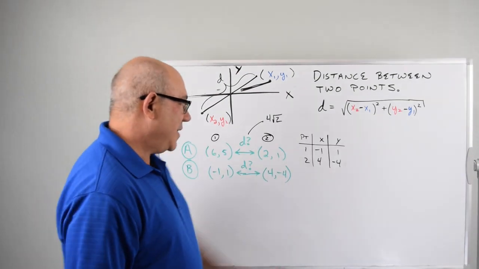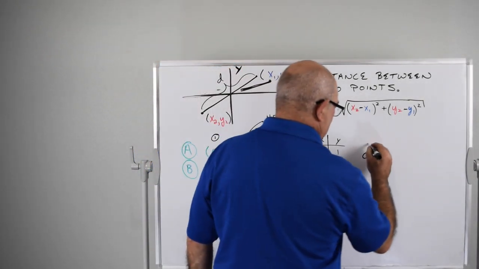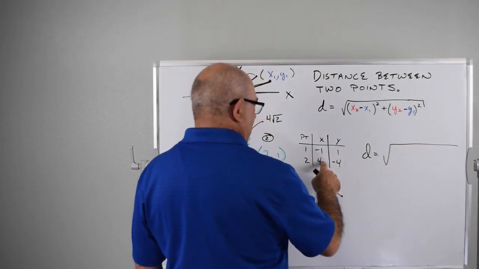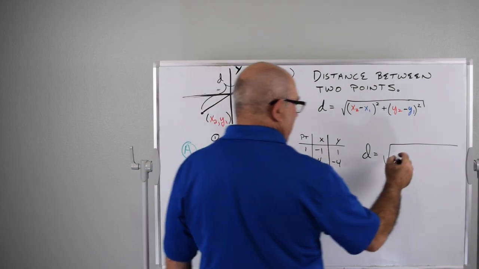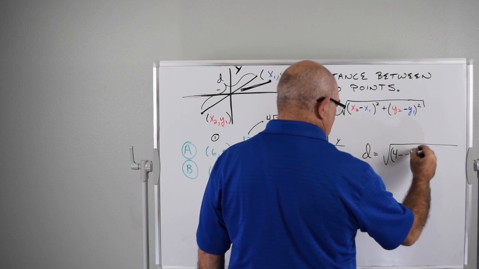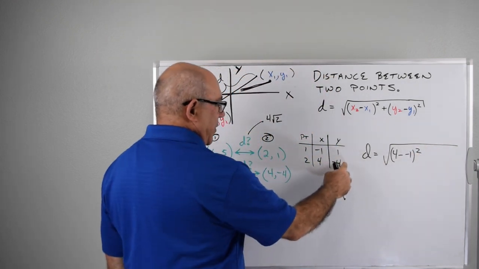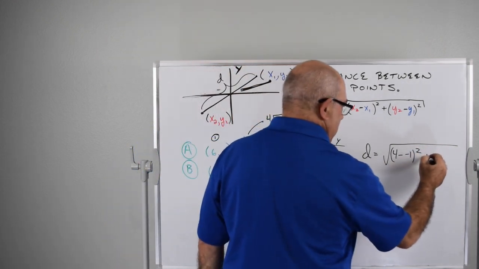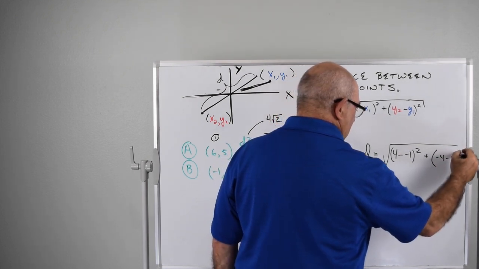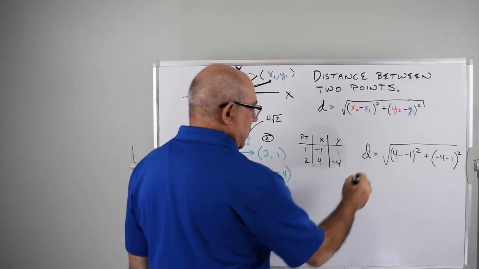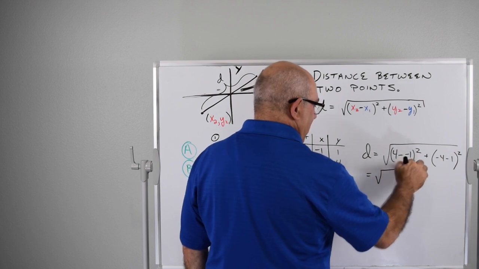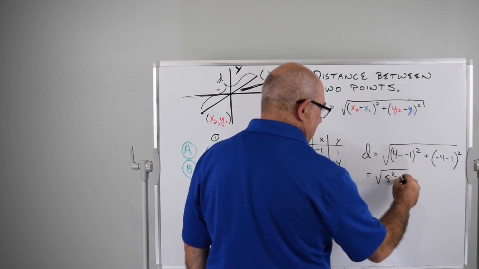All right, so we're back to the table. So let's plug it into the distance formula. So what we have is the square root of x2 minus x1, which is 4 minus a minus 1, squared. And then we have minus 4 minus 1, squared. And so that turns out to be 4 minus a minus 1 is a 5, and that's squared.